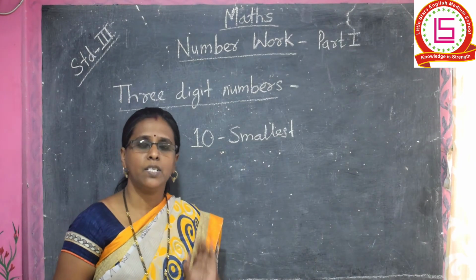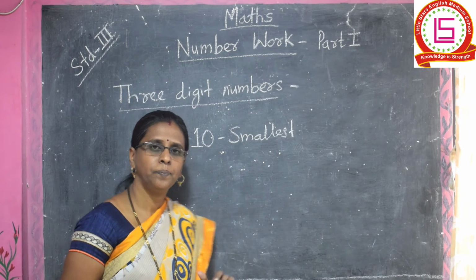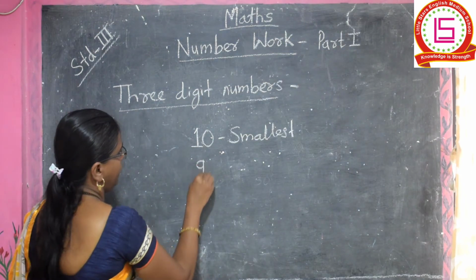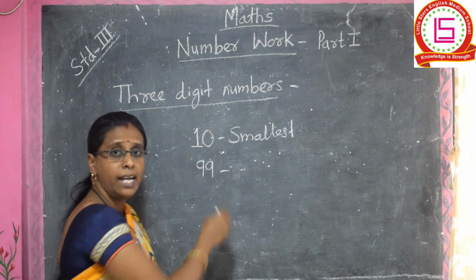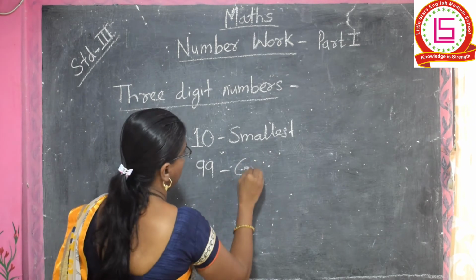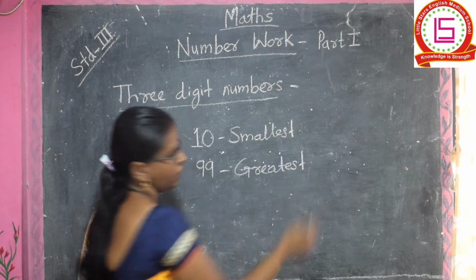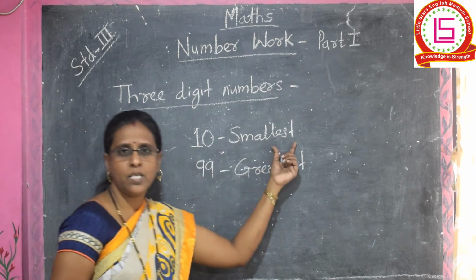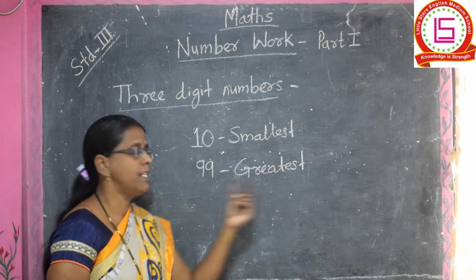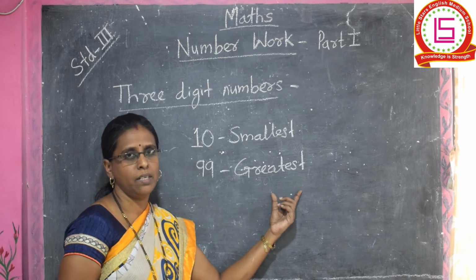Then tell me, which is the greatest 2-digit number? Yes, 99. 99 is the greatest 2-digit number. 10 is the smallest and 99 is the greatest 2-digit number.